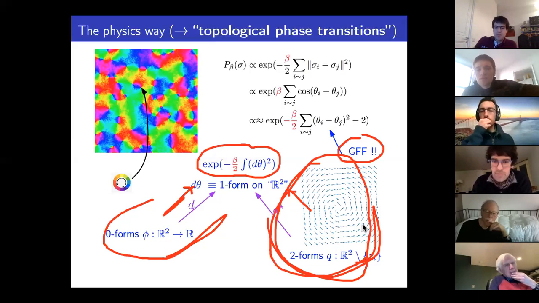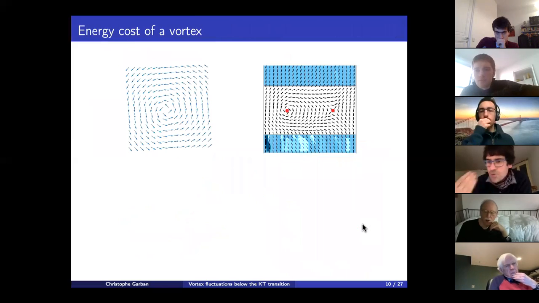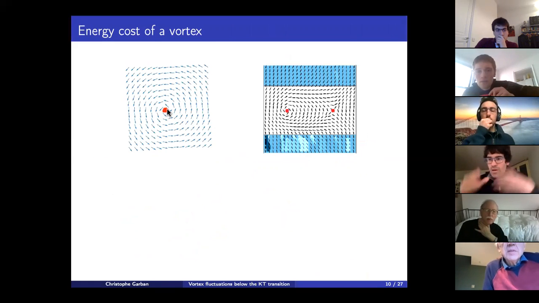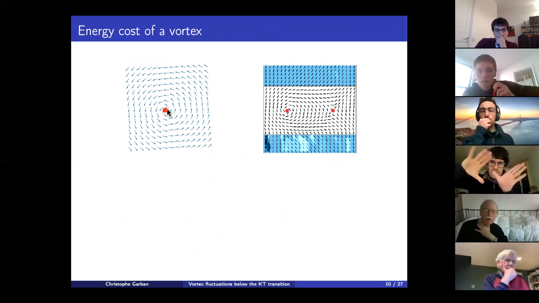So now in 2 slides, I want to very quickly tell you how BKT found out about the transition. They had also an energy versus entropy argument. And they said that as opposed to a spin wave, which was this very slowly varying function that I had before, a vortex which winds around the singularity is something which is very costly in terms of energy.